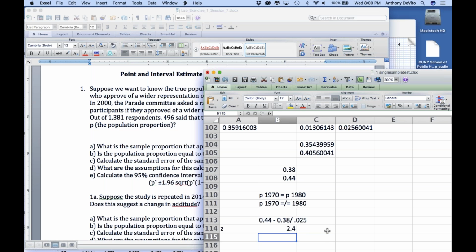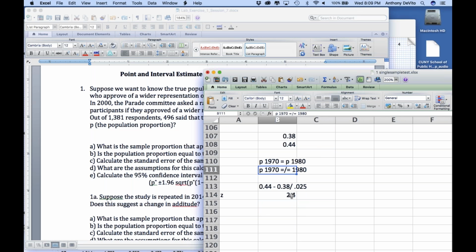What's my critical value of z for rejecting the null hypothesis for 95%, or alpha equal to 0.05? It's 1.96 again, right? So I can reject my null hypothesis that they're the same and accept my alternative hypothesis that they're different. I could actually go into the Z table, the standard normal distribution table, and calculate what my p-value would be in this case, right?